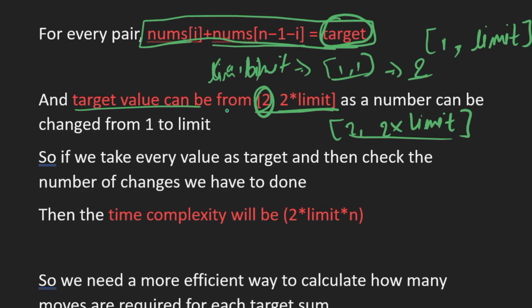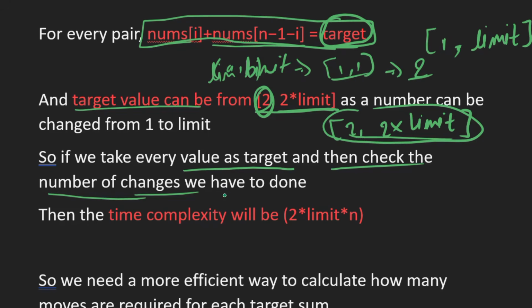So if we take every value from this range as target, and then we check the number of moves or changes that we have to do, and then take the answer with minimum changes.